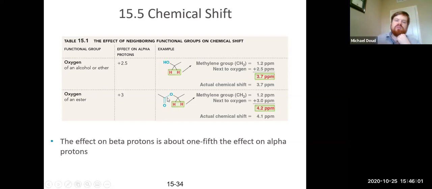That adds plus 3. So in this case, it's a CH2, right? So it's a methylene group. So 1.2 parts per million, then you add the 3 parts per million for the ester oxygen, and that gives you 4.2 parts per million. And it's a pretty good predictive property. It's not 100%, but it just gives you an idea of where you might expect to find these.